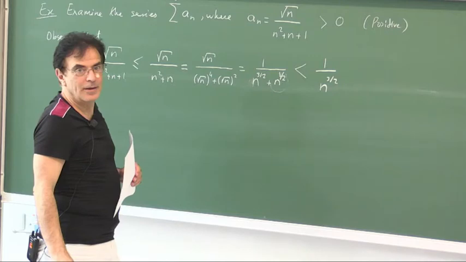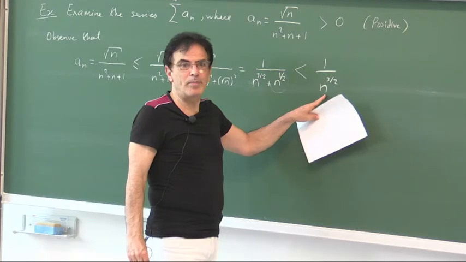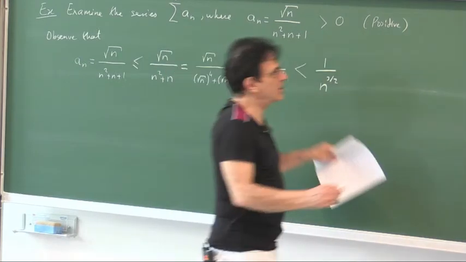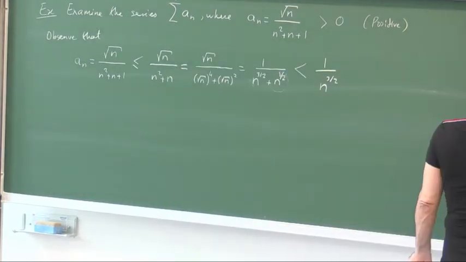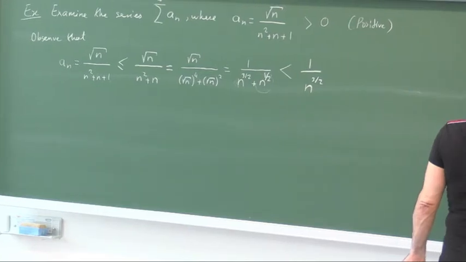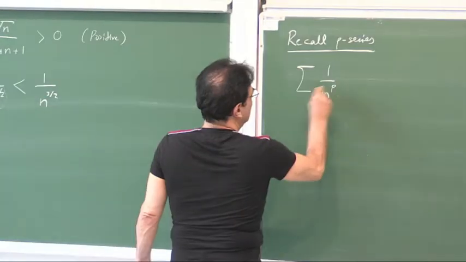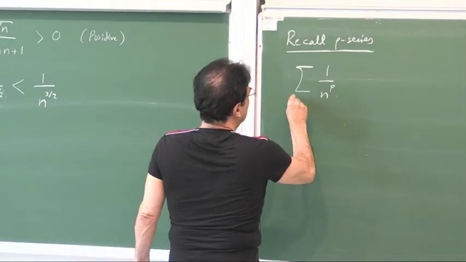And now this series is very well known. Do you remember the P series? Recall the P series. What is the P series? Sigma 1 over n to the power p from 1 to infinity.